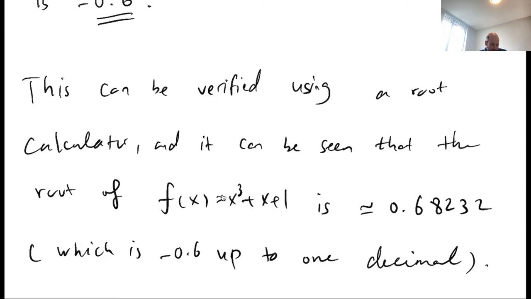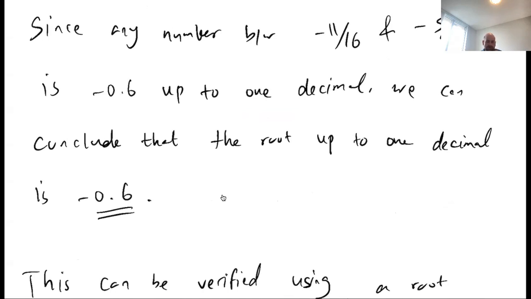Yeah, so this is the way we can estimate the roots up to however many decimals we want. With the estimate up to 1 decimal, if you want, you can estimate up to 2 decimals. But then of course you need many more steps and it will be very long. But if you do it with a computer, the computer can do the calculation very fast and get the result quickly.